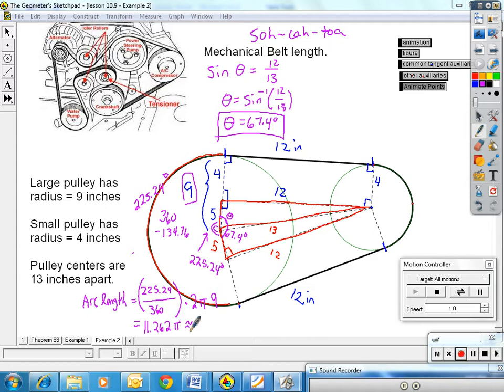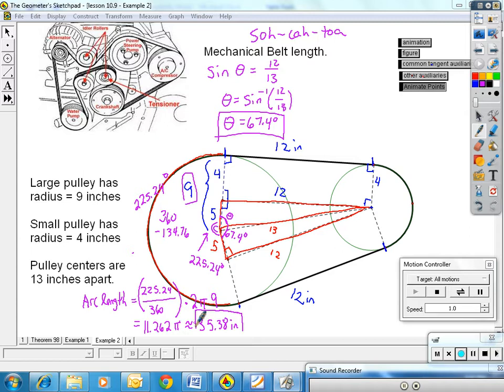That is approximately, I'm going to multiply that by pi just so it's easier to understand, 35.38 inches than it is 11 pi. Okay. All right. So now we've found three parts of this belt.